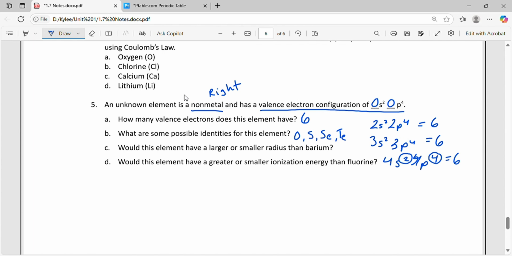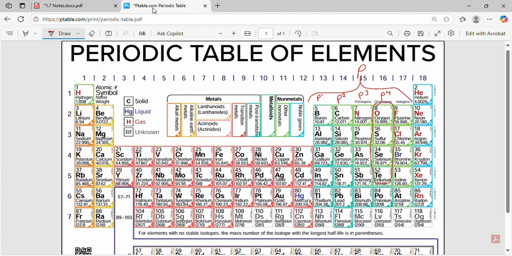Would this element have a larger or smaller radius than barium? So I come over here, back to my periodic table, and I see that barium is over on the left-hand side, and also it is further down on the periodic table. So for most of the options that we have, the only exception is polonium.